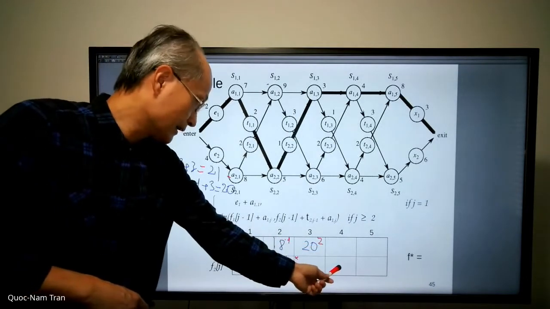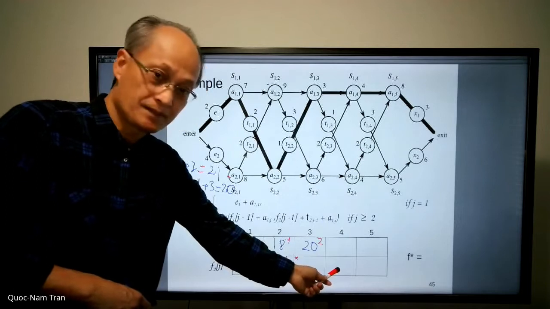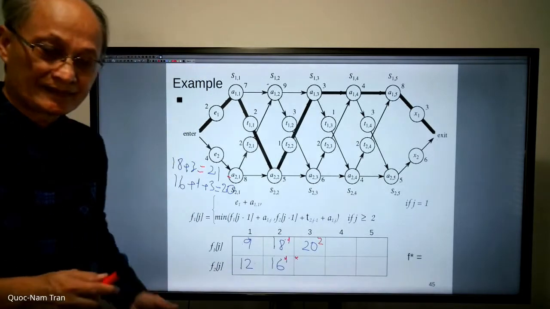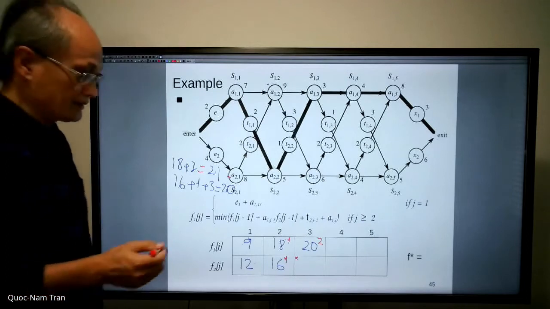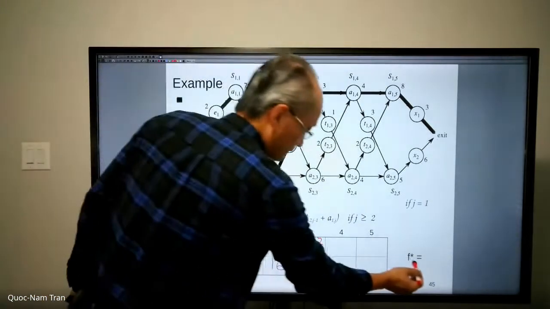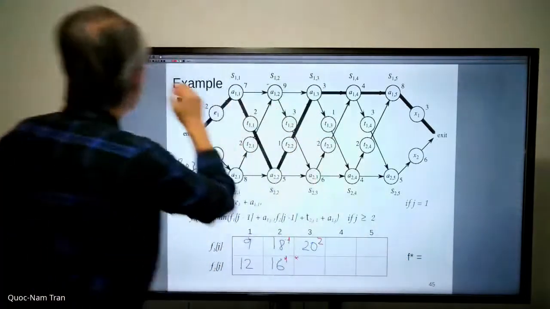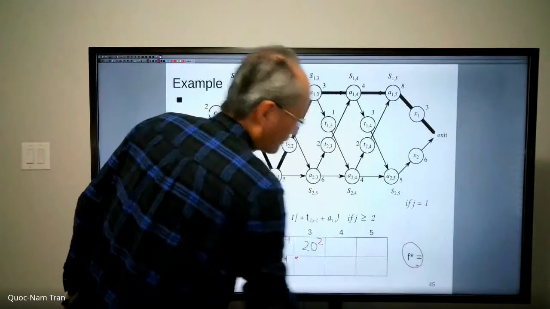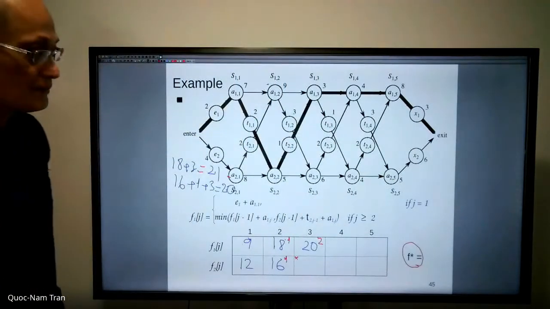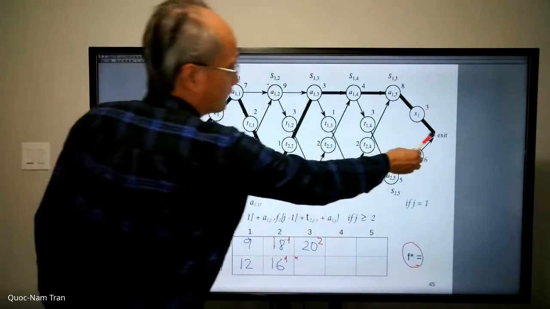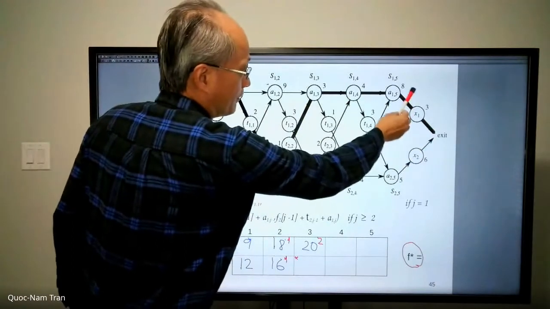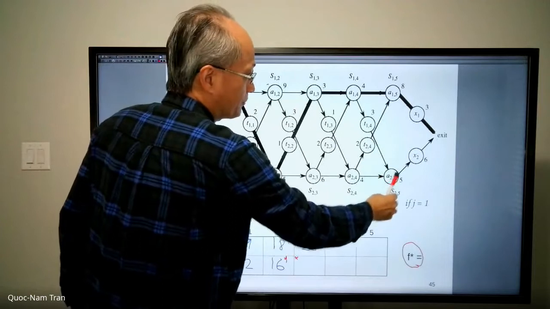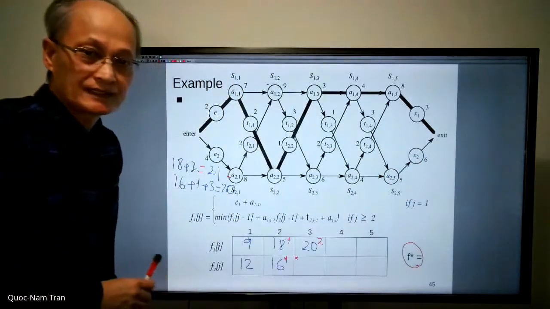And then F24. All right, sounds good. And then finally, what do you have for the whole path? F star. F star means that you have the minimum value of F15 plus 3 and F25 plus 6. Take the smallest one.